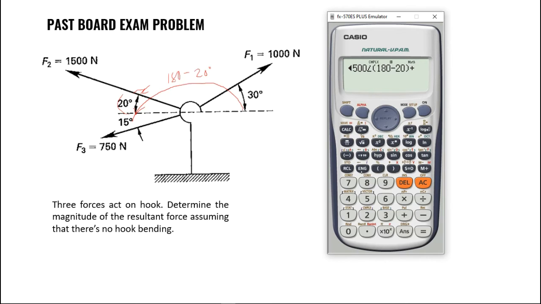So plus, ito. You have here 750. Then, ang angle natin is, so the angle is ito, 180. So this is 180. So half revolution plus, this is 15 degrees. So 180 plus 15 degrees.